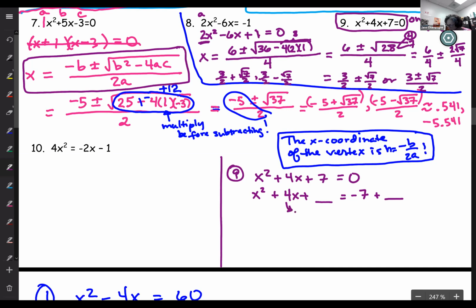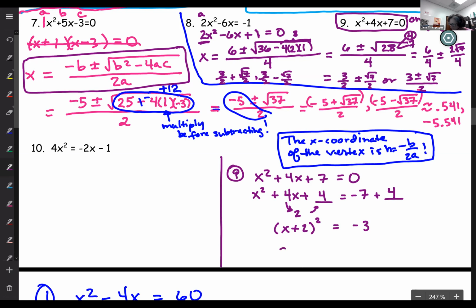Half of 4 is 2, squared is 4. Add 4 to both sides. Then x squared plus 4x plus 4 factors as x plus 2 times itself. And you end up with a -3 on the right-hand side of the equation.